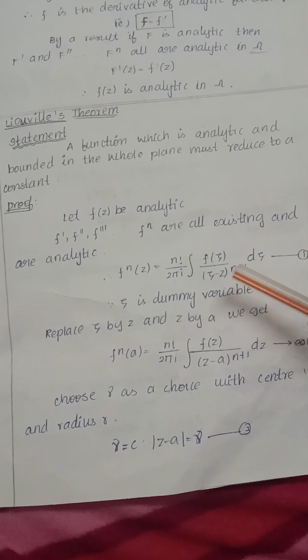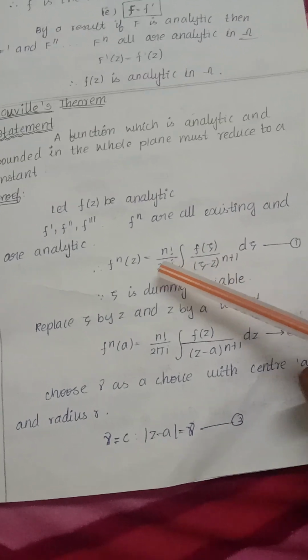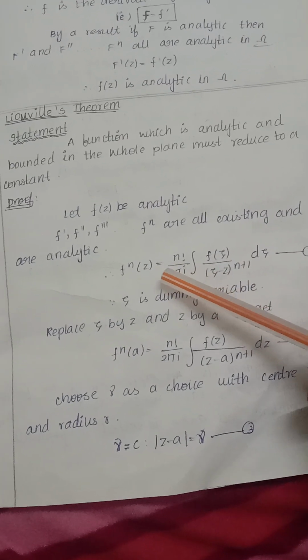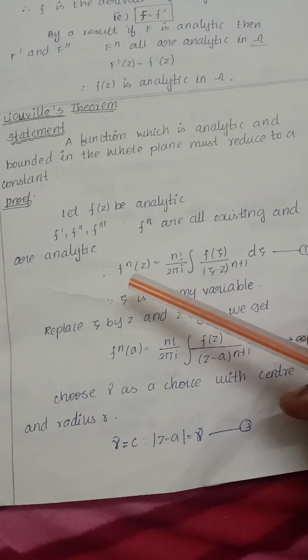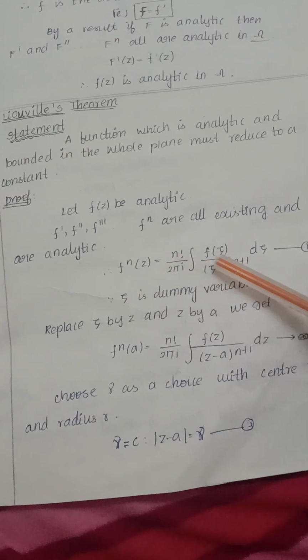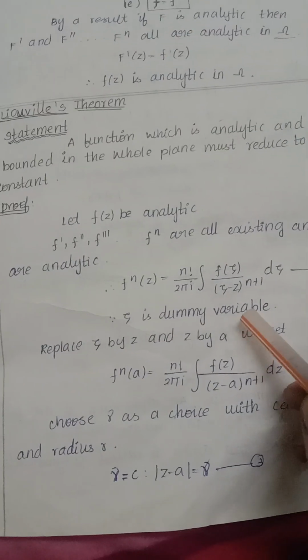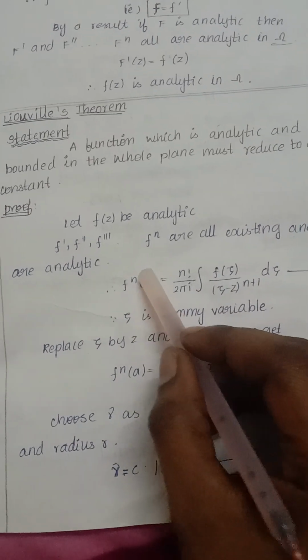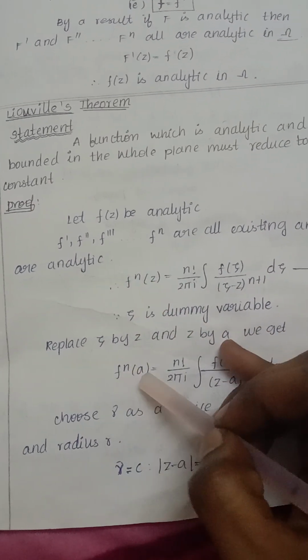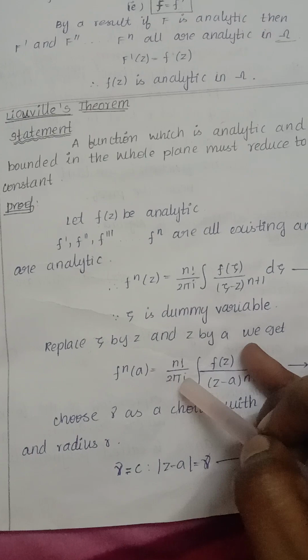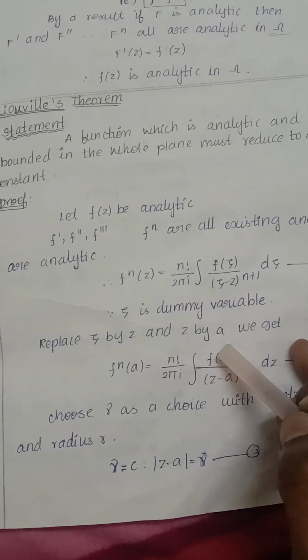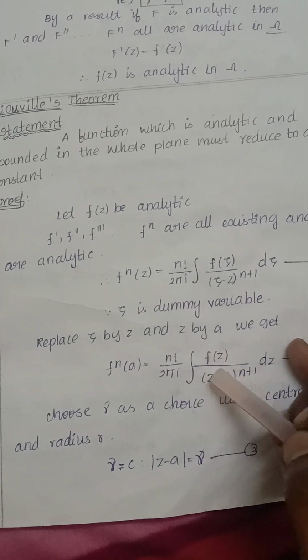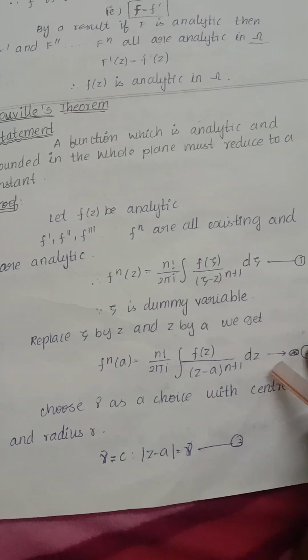For convenience, we replace zeta by z and z by a. So we get f^n(a) equal to n factorial divided by 2 pi i integral of f of z divided by (z minus a) to the power n plus 1 dz.